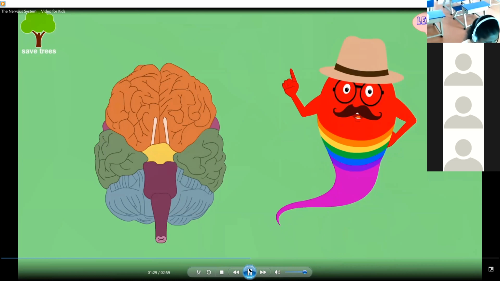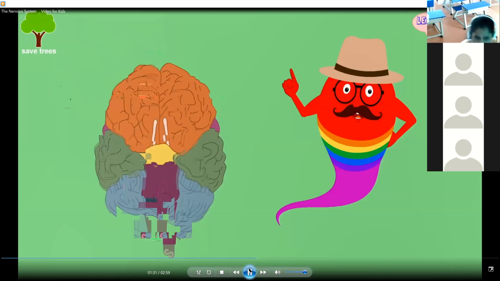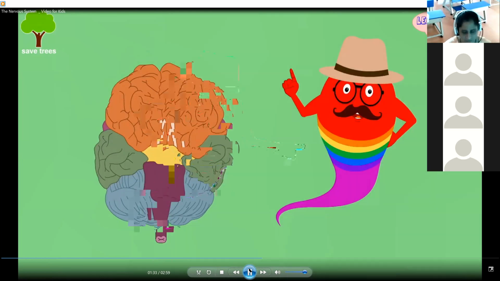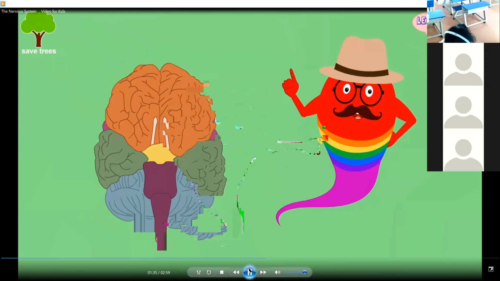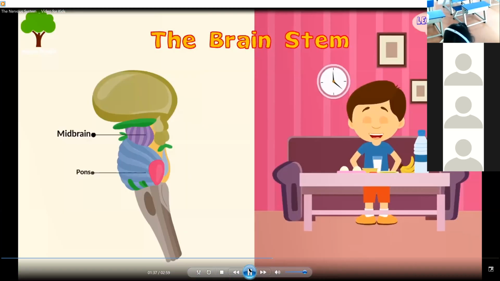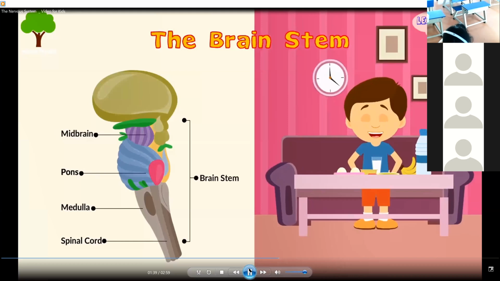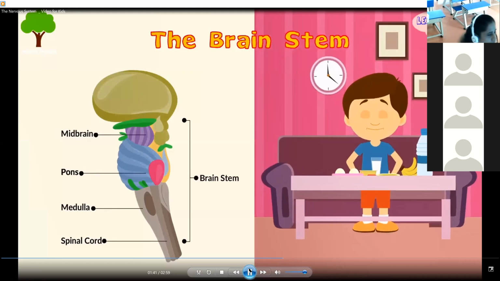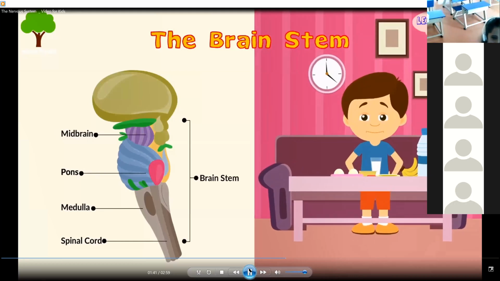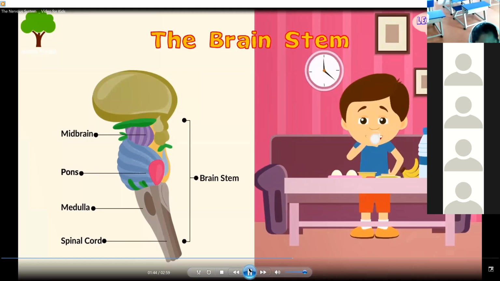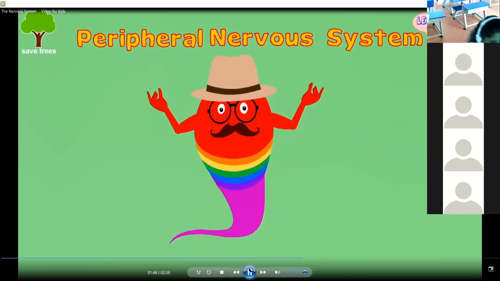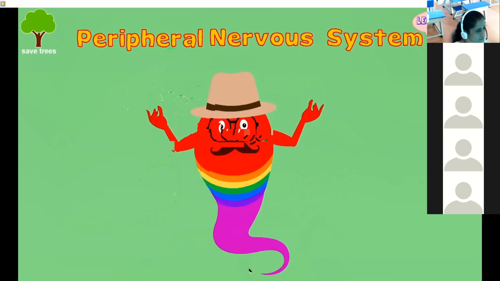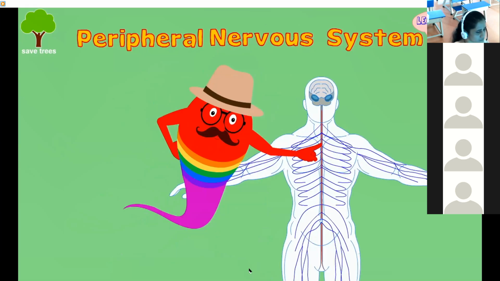The brainstem links the brain to the spinal cord and the rest of the body. It is in charge of all the functions our body needs to stay alive, like breathing air and digesting food. Now, the peripheral nervous system. It includes all the nerves that go from the skin, muscle, and organs to the spinal cord and brain.